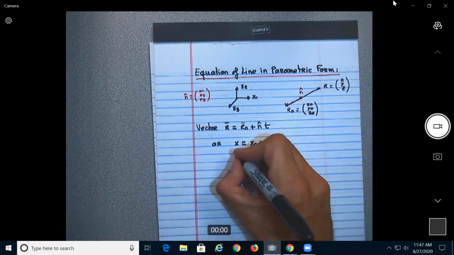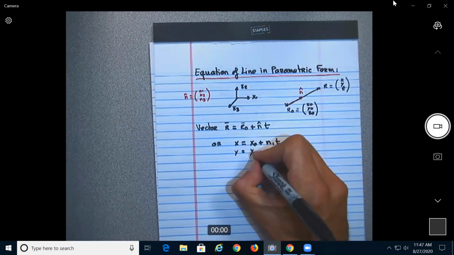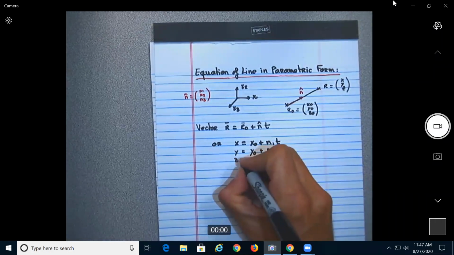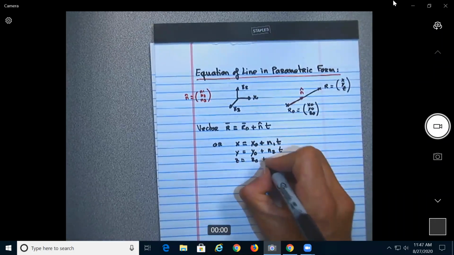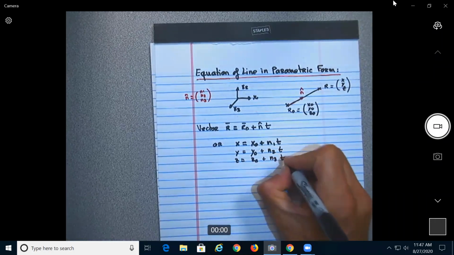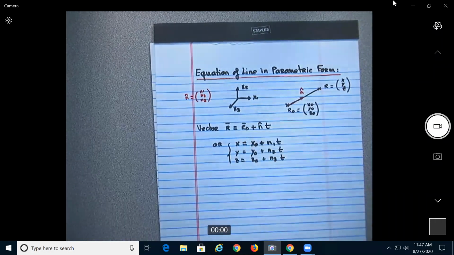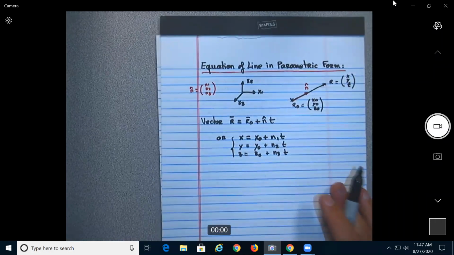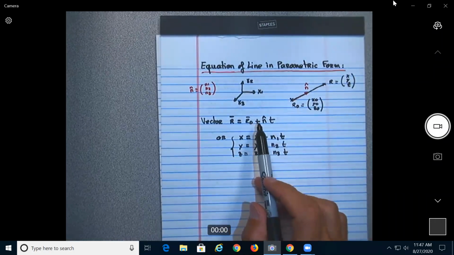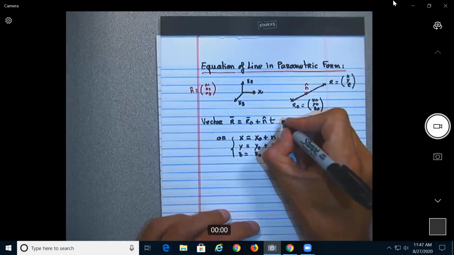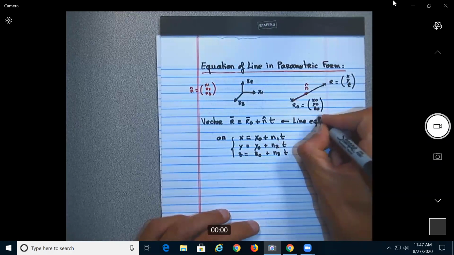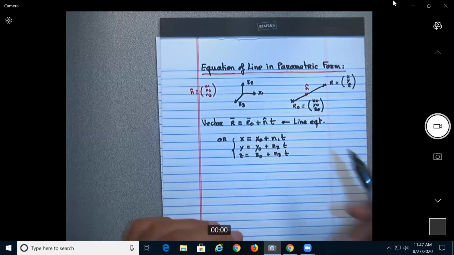Or y will be equal to y sub naught plus n2t, and z will be equal to z sub naught plus n3t. Okay, so this is the normal form of the equation of a line. Yeah, vector, this is the line equation, y equal ax plus b.